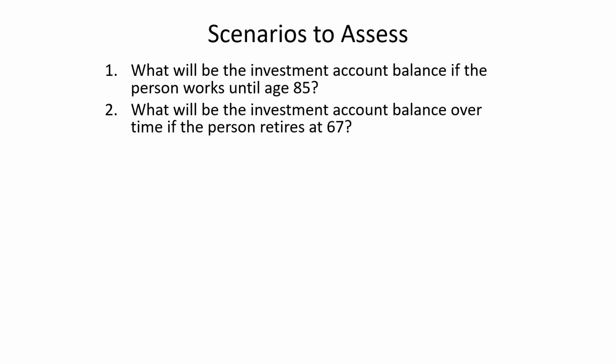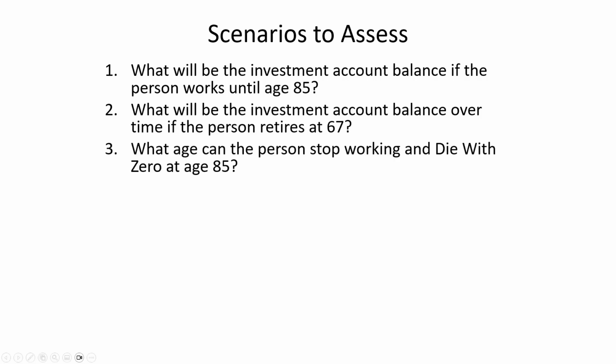In the second scenario, at age 67, they switch over from work income to a pension, like Social Security, where they're still getting income each month, but it's much less than before. We want to know how their investment account balance goes up or down through the years if they retire at age 67. There are correct answers for both of these, and I'll know what they are.